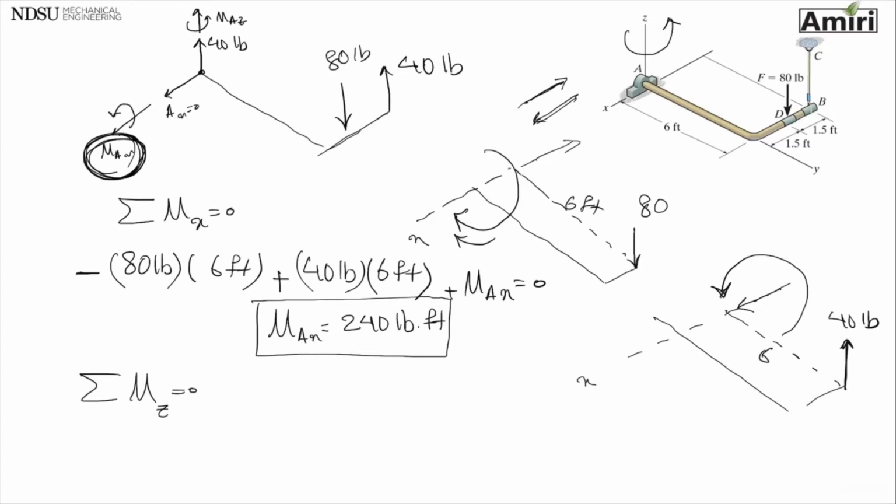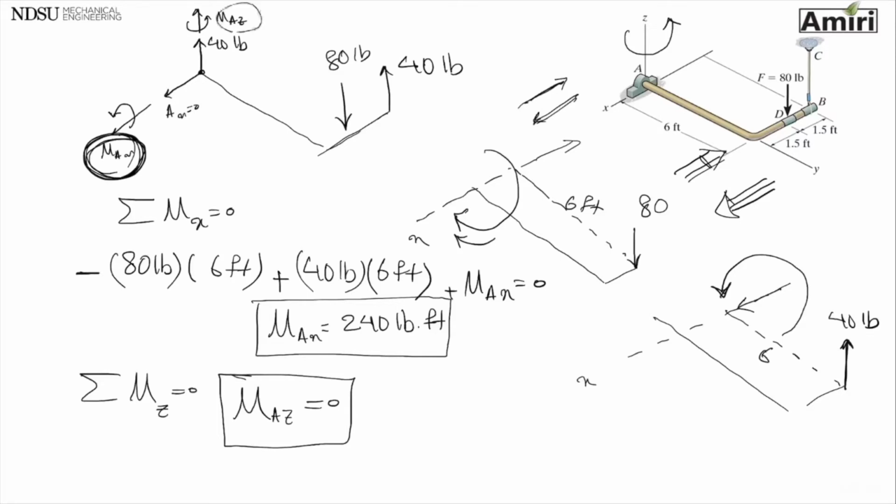Anything that pushes the beam this way or this way is going to create a rotation about z, either positive or negative. I don't have any of those forces. So the only unknown that I have is the moment of A about the z-axis. There's nothing else creating that moment, so that moment on its own is 0. This unknown that I wrote is right here. That's where I bring it in.